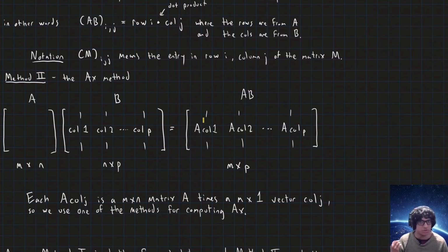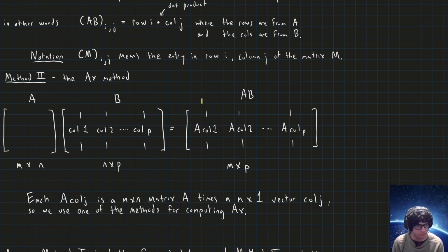We can also do another method, and with this method, we don't need to use the dot product. What we can do is consider A, and we're not going to chop it up yet, and consider the columns of B. In this method, AB is going to be constructed like this.